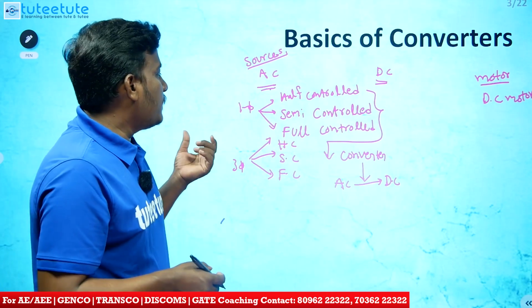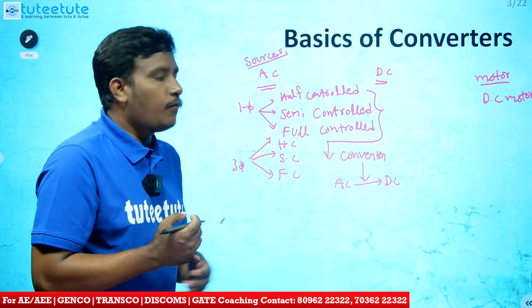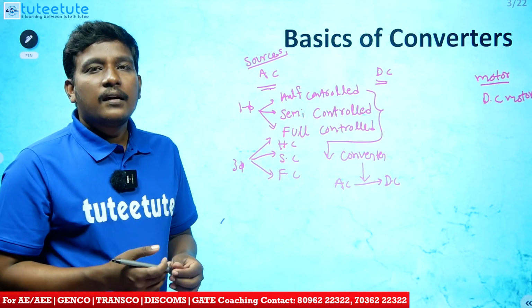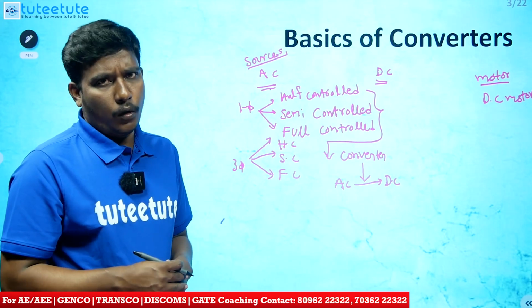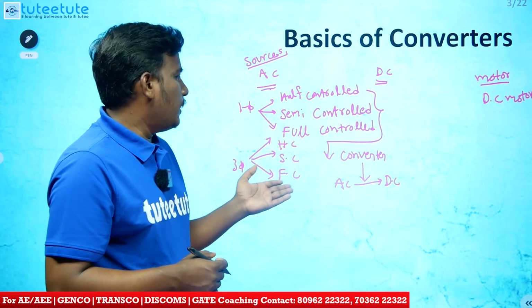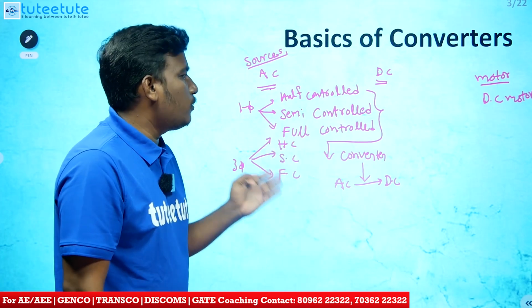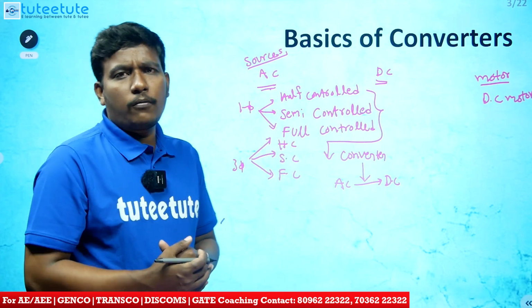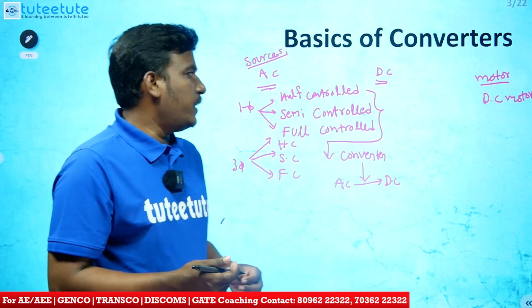If it is a single phase supply, we choose either half controlled, semi controlled, or full controlled based on the load requirement. That means based on the power rating of the load. Similarly for a three phase supply, the classification of power modulators is similar to single phase. This power modulator, in our case, converts the AC into DC.